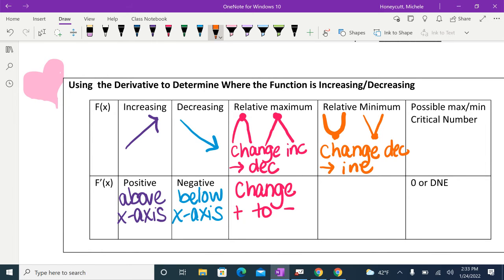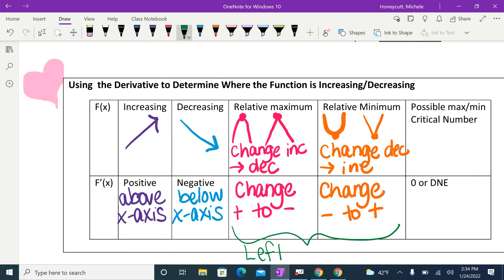But on the derivative, when f has a relative minimum, f prime, you'll see a change from negative to positive. And then just a reminder, whenever you read a graph, we always read our graphs from left to right.